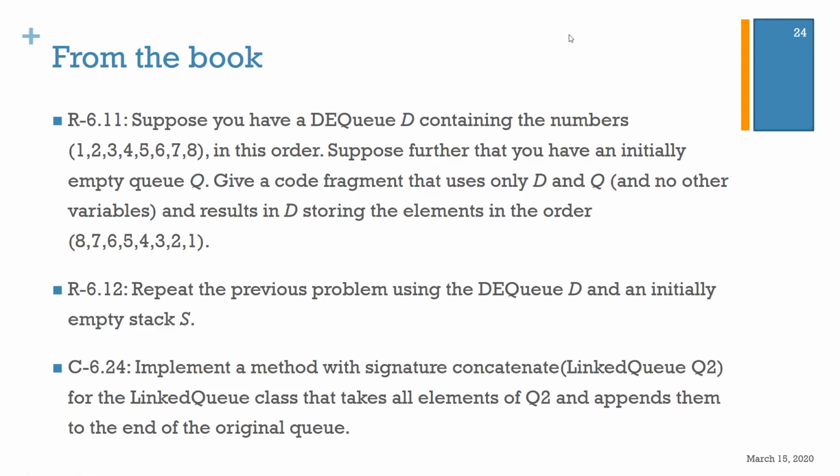Nobody can answer? Round robin, we can use round robin. Take care, we have only a double-ended Q and another Q. So you have two resources. The first one includes or holds all elements. The second one is just for help. Okay, but we need the result in the same double-ended Q D again.